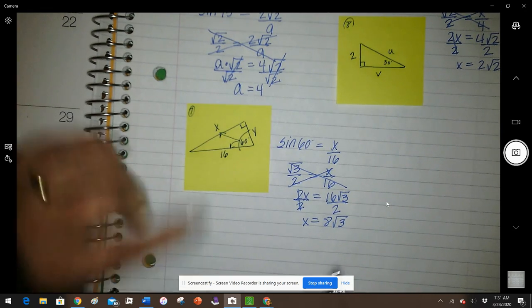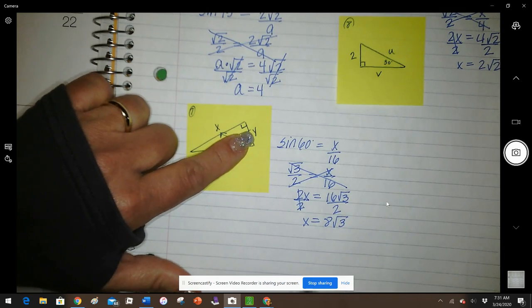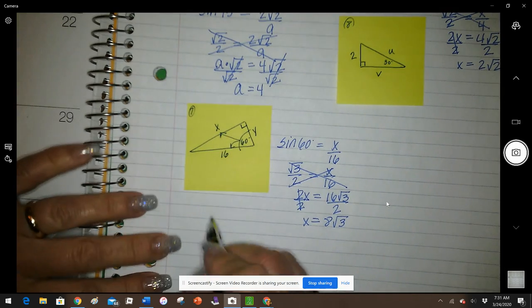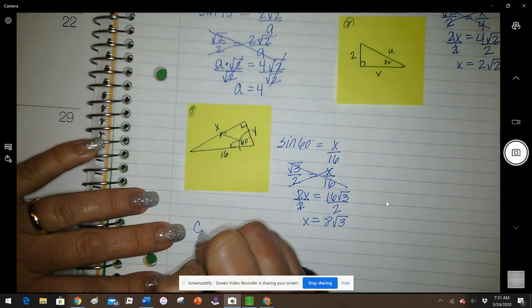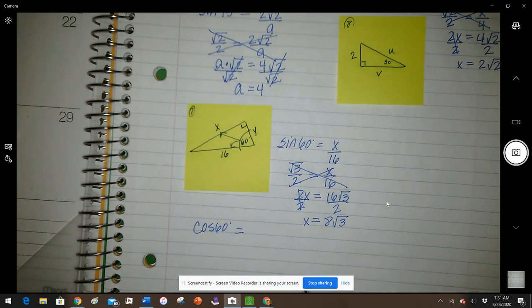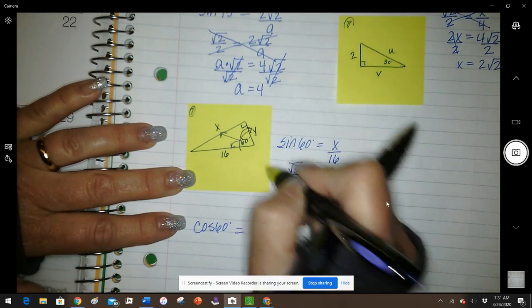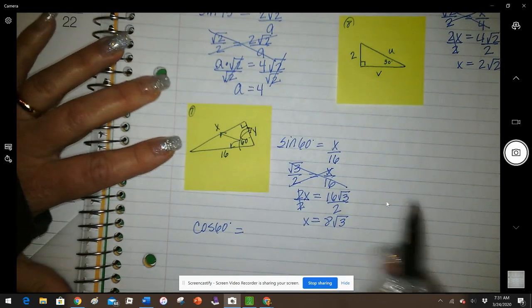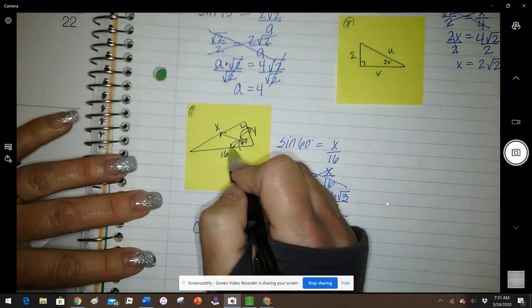Now I need to find this side y. So I'm going to do the cosine this time of 60 degrees. And the cosine, remember, is the adjacent. So y over 16.